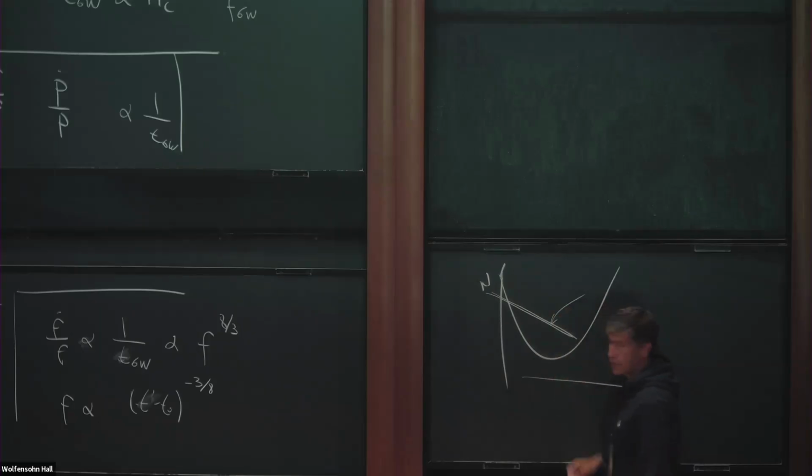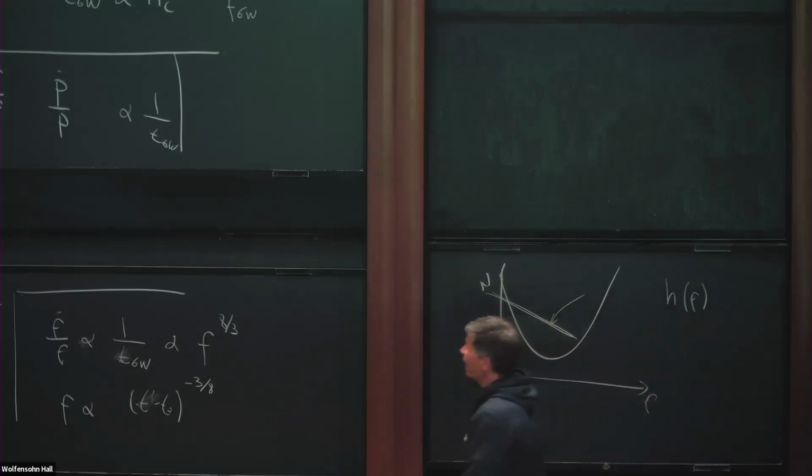How do you derive the slope of that power law? So we are talking about now h as a function of frequency. How does it depend on frequency, the amplitude?